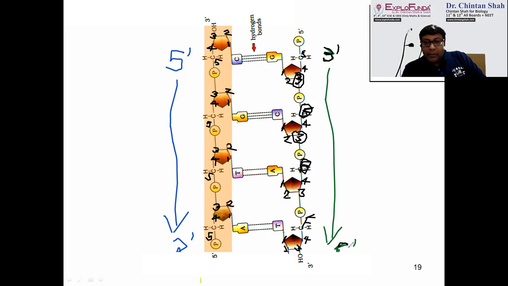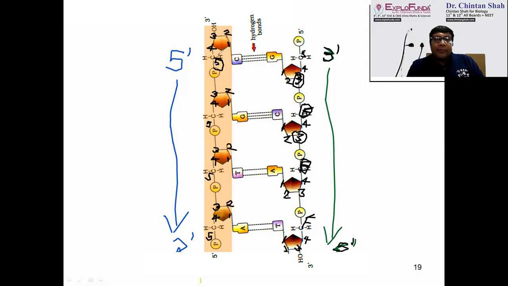Okay. So now she is telling me that she is confused between 3 prime and 5 prime. Okay, no problem. You got this line, this right hand side is perfect. Now let's look at the left hand side. This is carbon number 1, 2, 3, 4, 5.